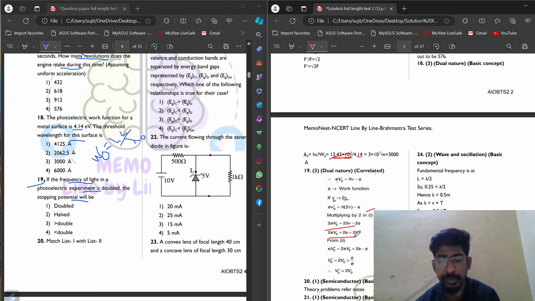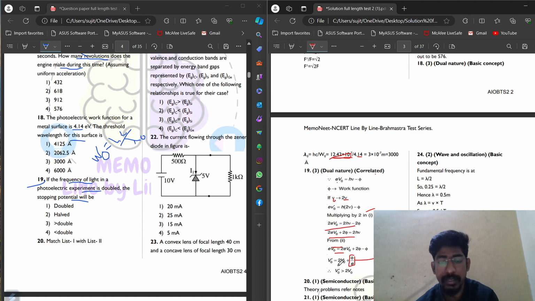So from equation 1 and equation 2, we can say V naught dash equals 2 V naught plus phi by e. Phi is the work function here, or w naught you can say, by e, right? So you can say that V naught dash, the stopping potential in the second case, is greater than twice that of V naught, because there is another factor, the work function. There is a graph also; I think you know that w naught by e is the slope of the graph, the E max versus frequency graph, right?